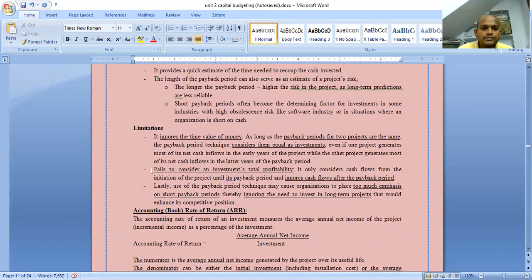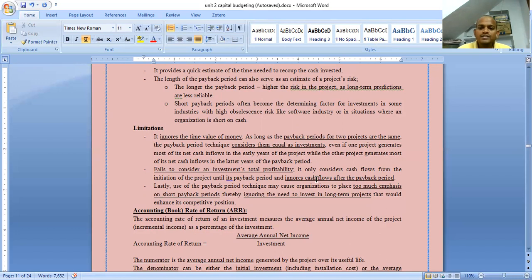and it fails to consider the investment's total profitability. So it ignores cash flows after the payback period. Just now I told you, after the payback period, it ignores the cash inflows. And there is too much emphasis on short payback periods, ignoring the need for investment in long term projects.